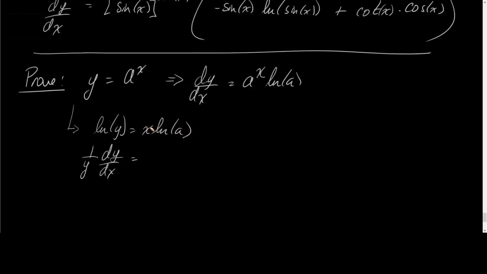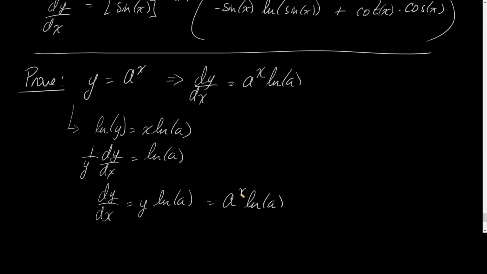So some number times x, the derivative is just that number. And then that tells me now that dy dx is going to be just y times ln of a. But then y was a to the x, so I get a to the x ln of a, all right, which gives us that derivative. So that's that one.